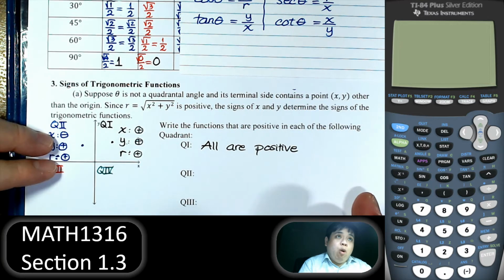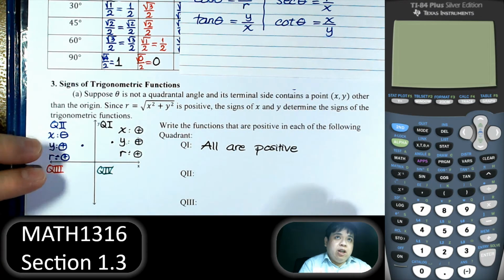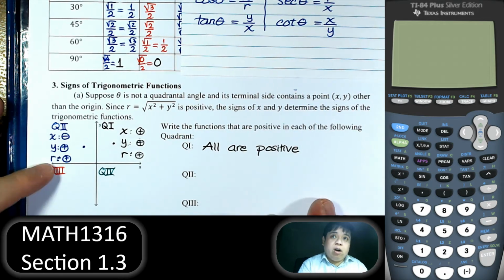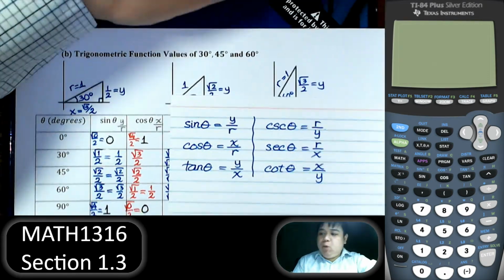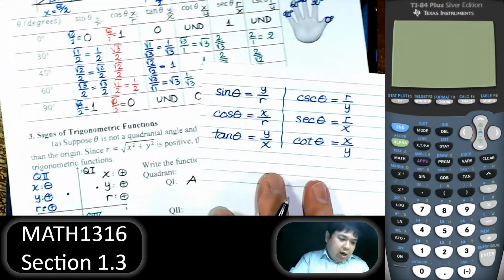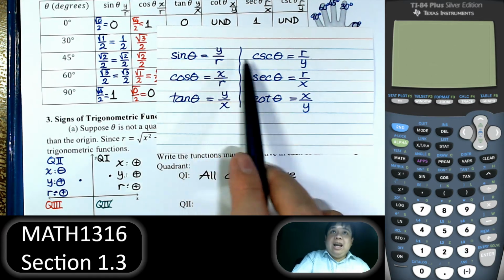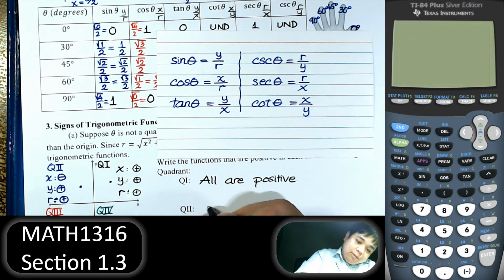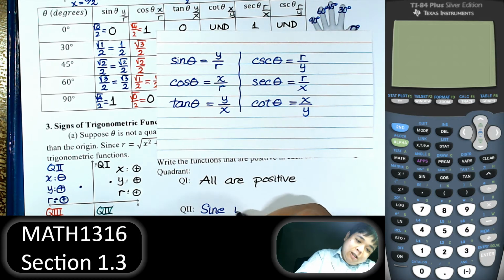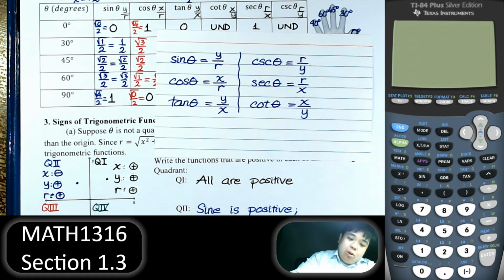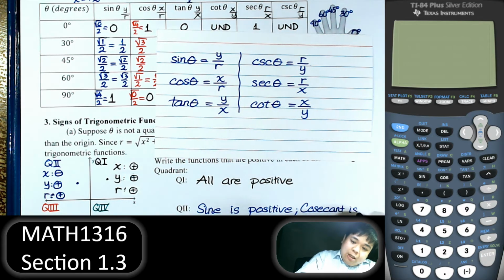If we choose 2 positive signs, the ratio will be positive. So the only functions that are positive are the ones that have y and r, because positive divided by positive is positive. So out of those, which one has y and r? Well, the sine and the cosecant, right? So sine is positive. Reciprocal of that, cosecant is positive.